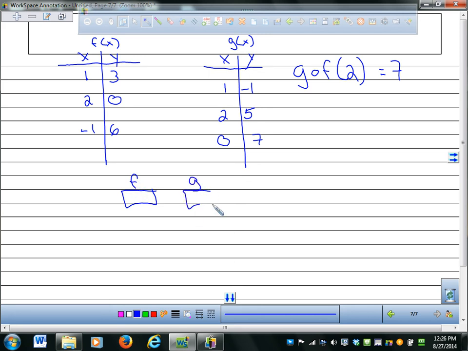If I put in a 2, I'm going to get out a 0. Now I take that 0 and plug it into g, and g is going to return a 7.